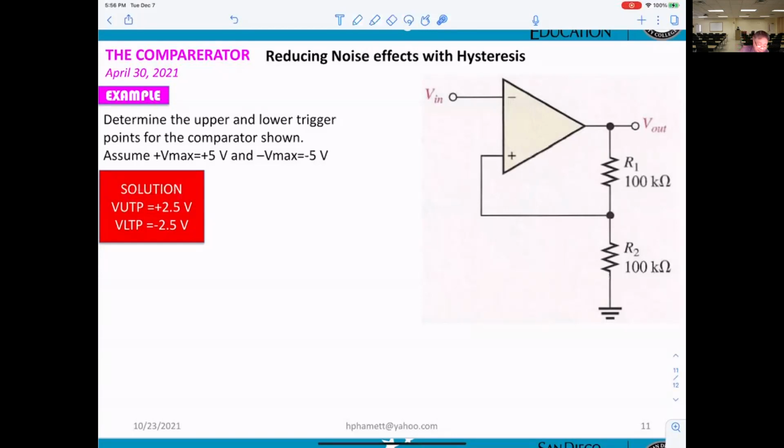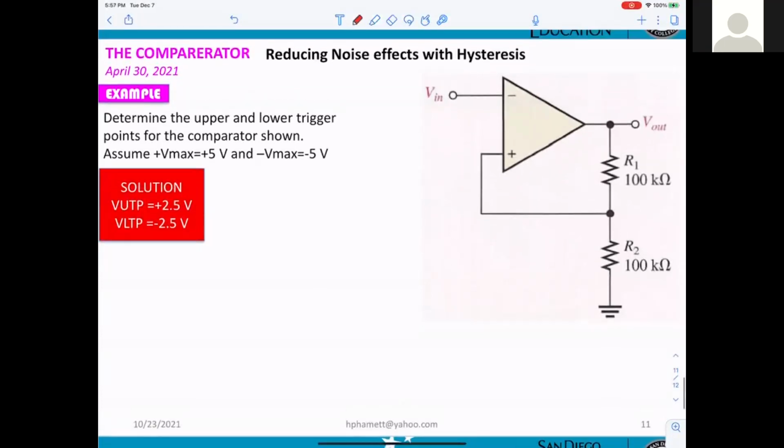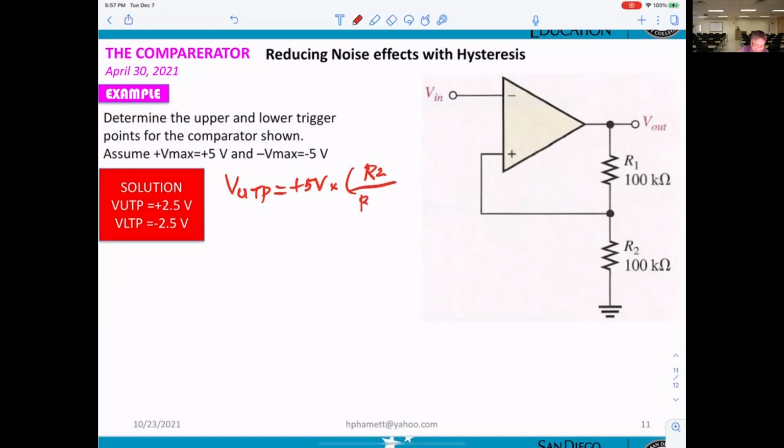Okay. So you said assume V max, so plus 5 volts times R2, and then add R2 and R1 up and divide them or something? Exactly. R1 plus R2, yeah, voltage divider.